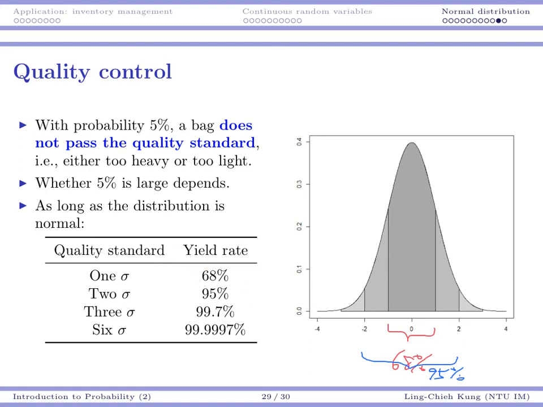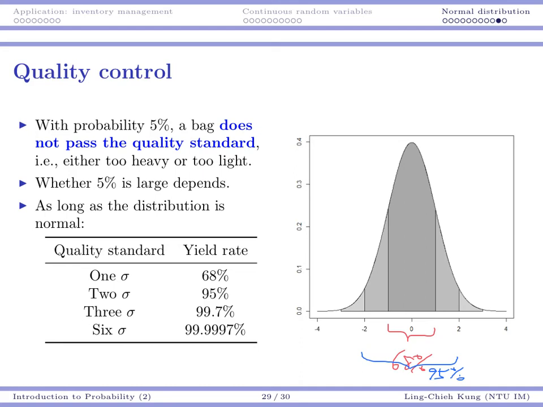If you increase your quality standard, then your yield rate will become larger and larger. And if you insist that all your products should be within 6 sigma from the mean, then your yield rate will be very large. Probably some of you have heard about this term 6 sigma in the past, and that basically means all my products should be basically perfect.